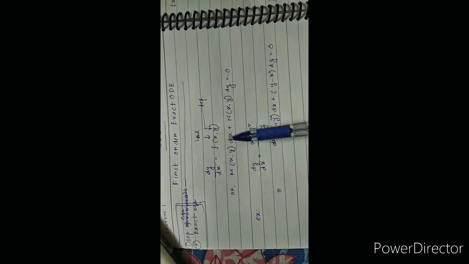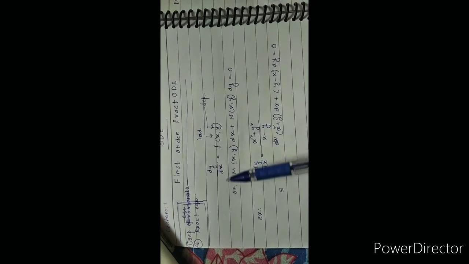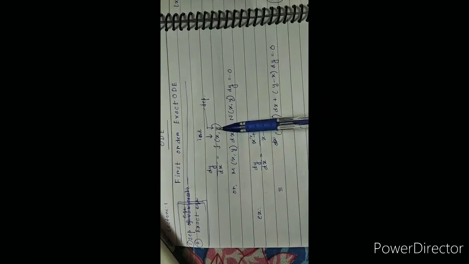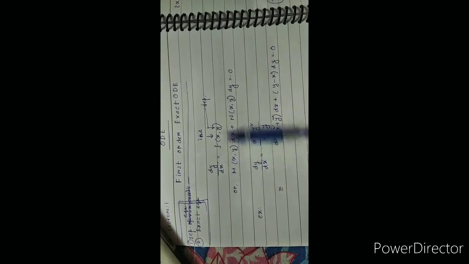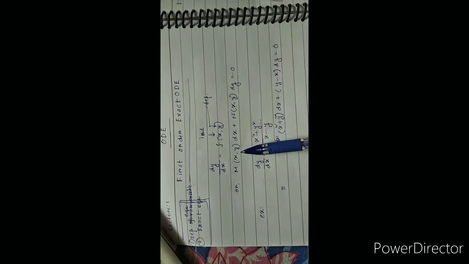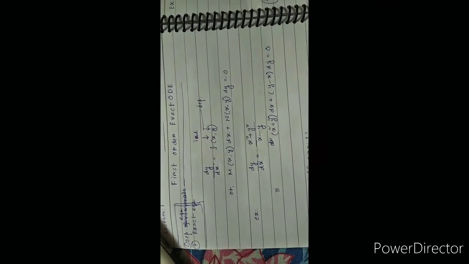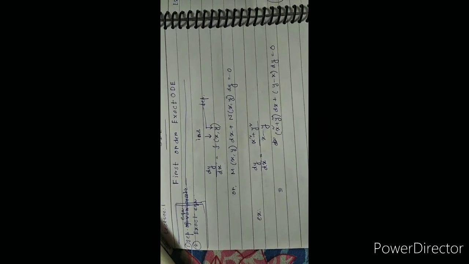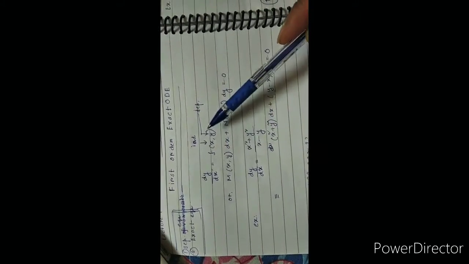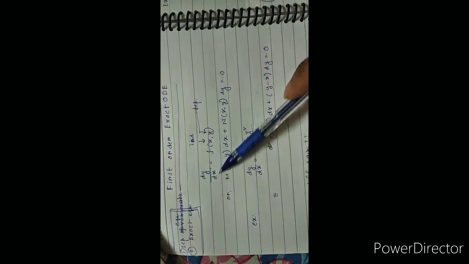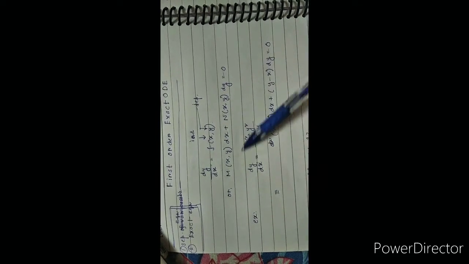Both are equivalent. If you take dy dx equals f of x y, then you can easily write it down in this form. Sometimes I will say first order differential equation, or sometimes I will tell you about this form.